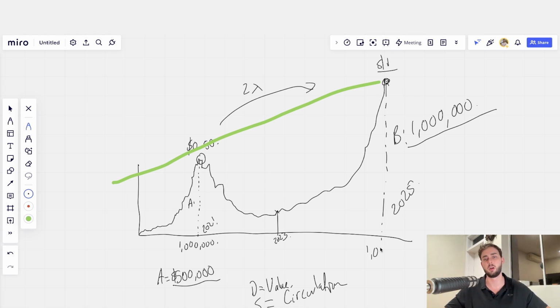So they're saying, well, the token in 2025 is only going to be 1 million tokens still. That might be accurate for some tokens. Every single project in crypto has, well, not every single one, most of them have a point where they're going to hit a max supply. It could be 1 trillion, it could be 21 million like Bitcoin. There's always a limit, right? A max supply, not accounting for inflation.